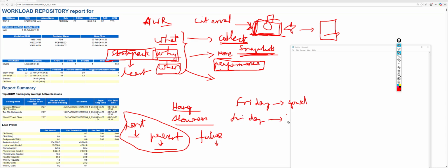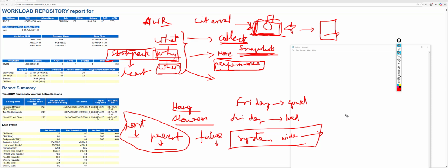So this is kind of a persistent issue and a system-wide issue. The AWR report collects cumulative information, so you can use it for system-wide issues. System-wide means the slowness is happening all over the database.